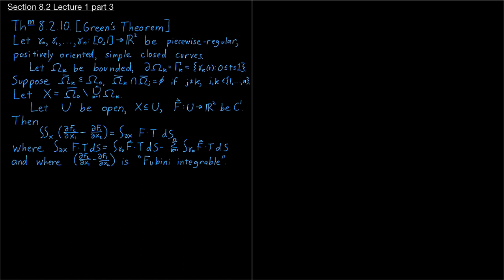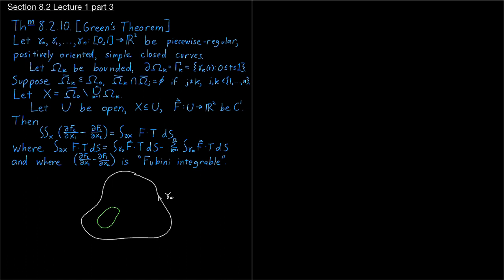Of course, you really want this theorem in terms of Riemann or Lebesgue integrals, but since we don't have time to go into the details of Lebesgue integration, we're going to just state Green's theorem for Fubini integration. Let me draw you the picture. Here is our gamma naught, it's positively oriented.